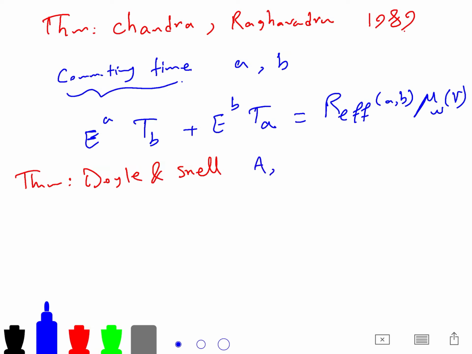So let A and B be disjoint, so they don't have any intersection.